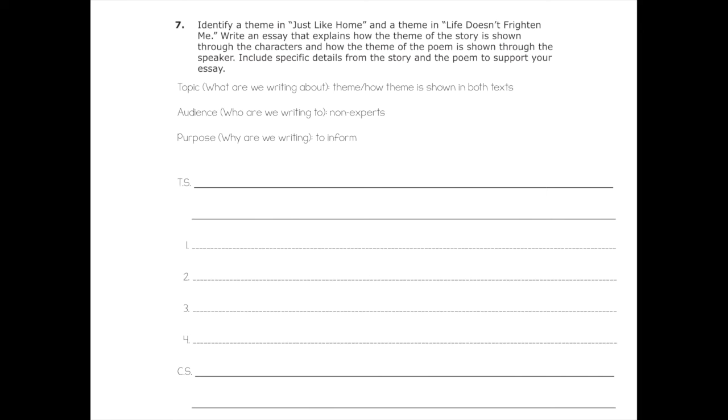So, since we have 2 texts and space for 4 details, our first 2 details can address Just Like Home, and our second 2 can address Life Doesn't Frighten Me. Finally, I know my CS, or my conclusion sentence, must also address the topic of how theme is shown in both texts. So these notes will help me stay on track as I outline. As a reminder, they're right here on the side for you.